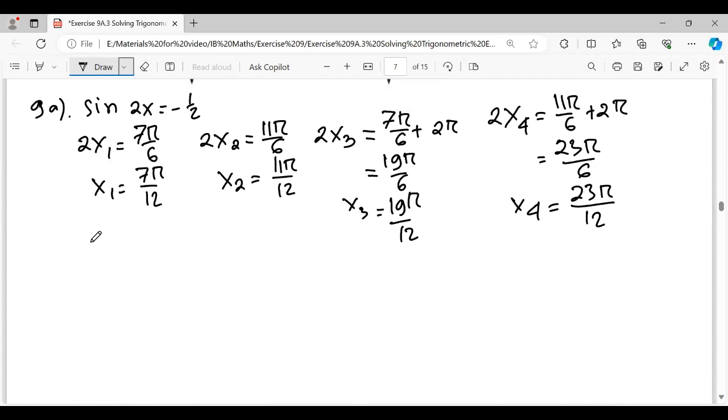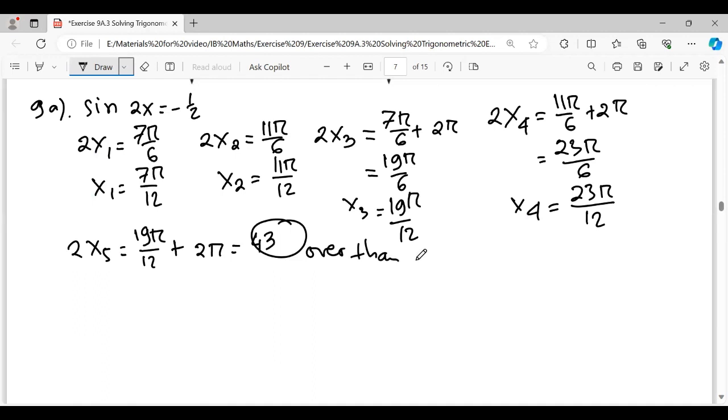Let's check. 2x5, 19 pi over 12 plus 2 pi, 24 plus 19, 43, is over 2 pi.